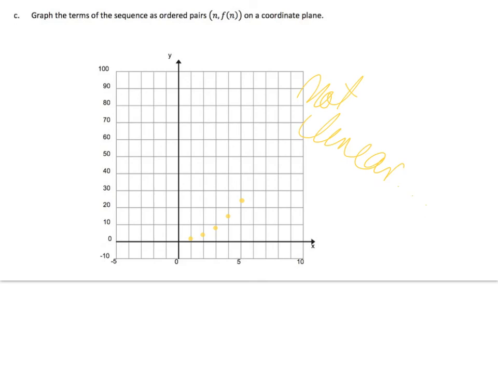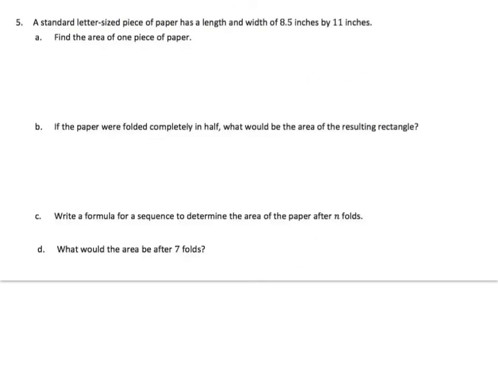So a standard letter-sized piece of paper has a length and width of 8.5 by 11 inches. Find the area of one piece of paper. Length times width. 8.5 times 11 is 93.5 inches squared. If the paper were folded completely in half, what would be the area of the resulting rectangle?